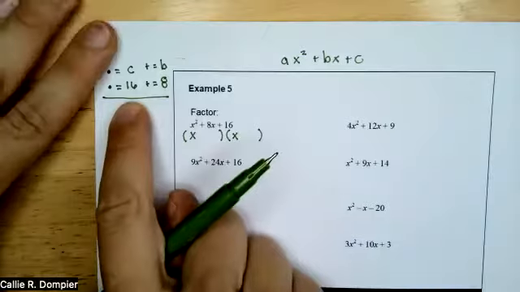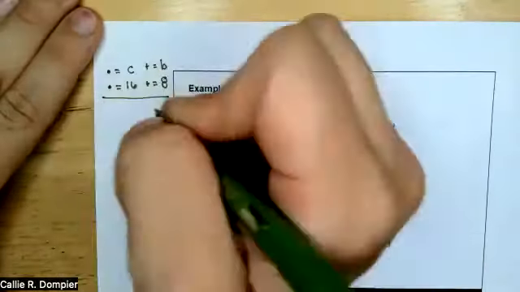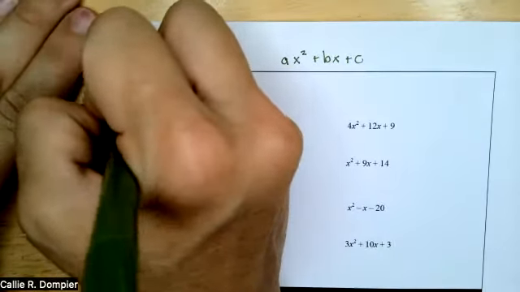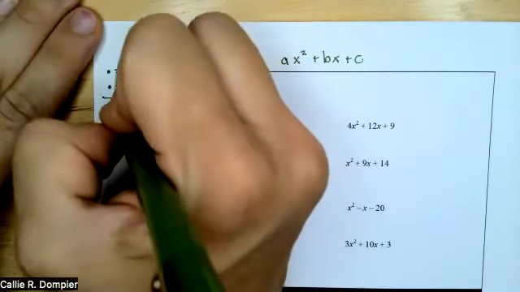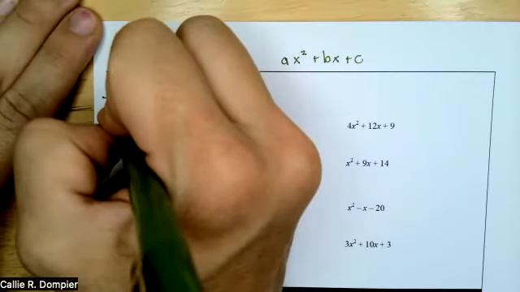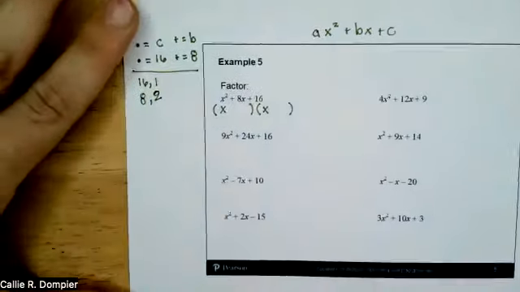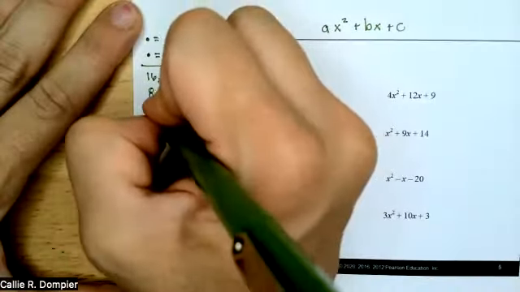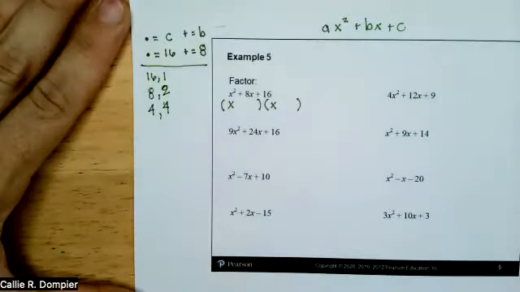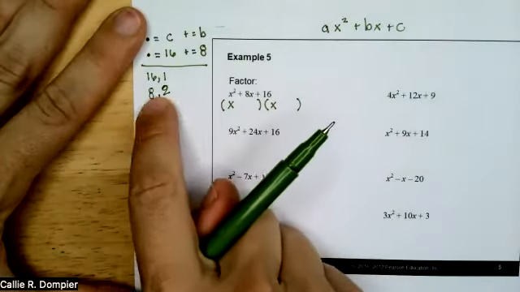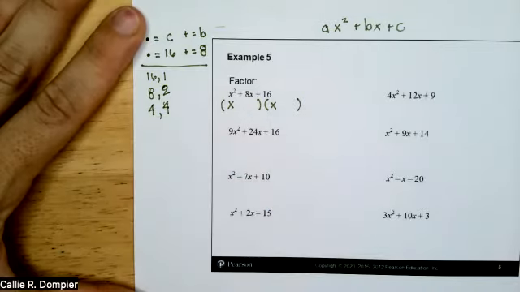So what are the factors of 16, the factor pairs? So you have 16 and 1, you have 8 and 2, you have 4 and 4, right? Do any of those add up to a positive 8? 4 and 4 add up to 8, right?